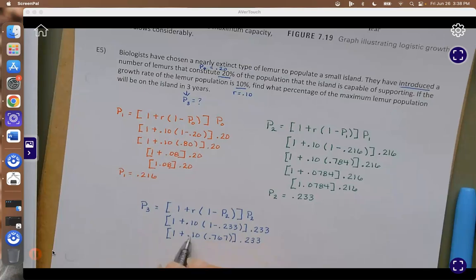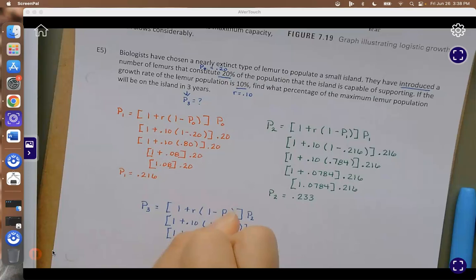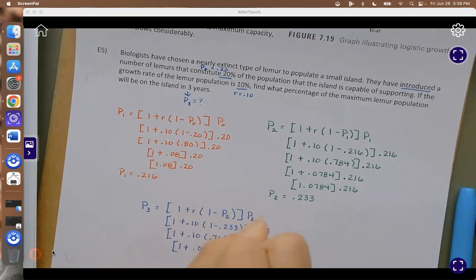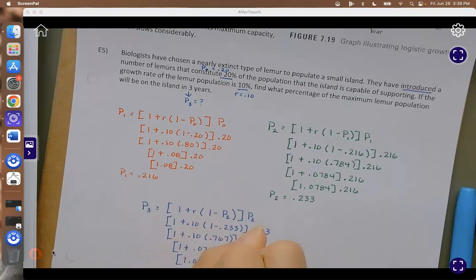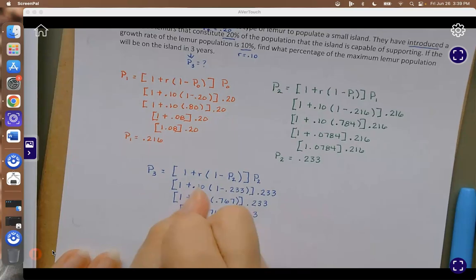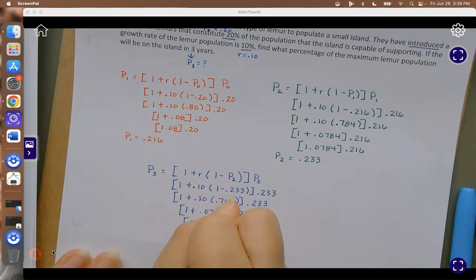When I multiply 0.10 times this, I get 1 plus 0.0767 times 0.233. So I get 1.0767 times 0.233.